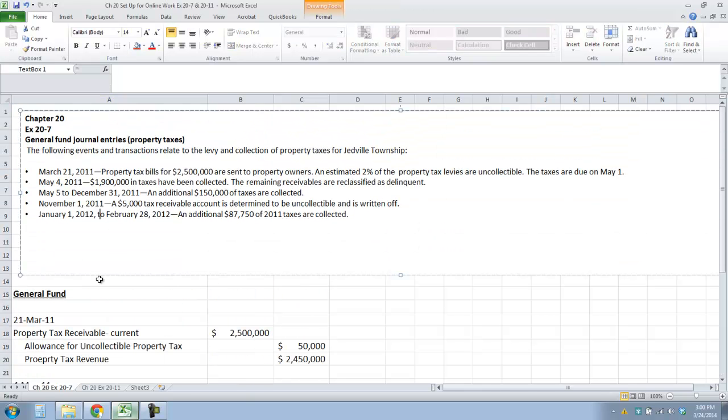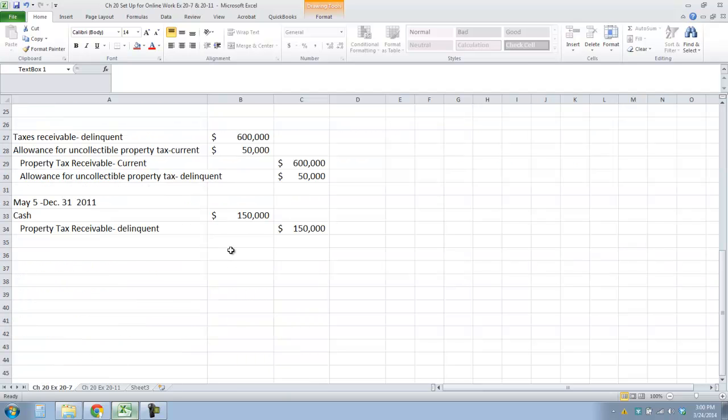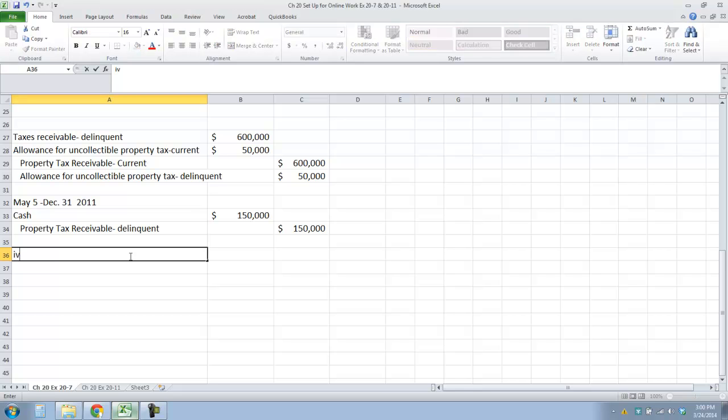On November 1st, 2011, a $5,000 tax receivable account is determined to be uncollectible and written off. So allowance for property tax, delinquent.